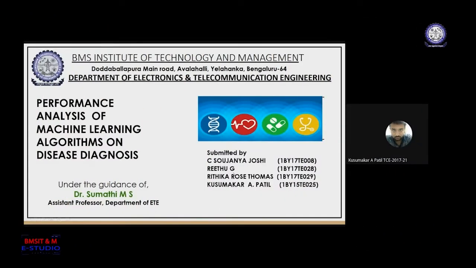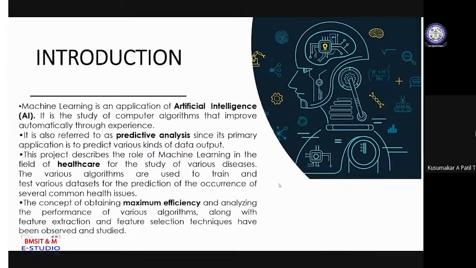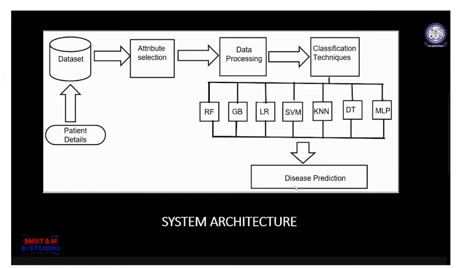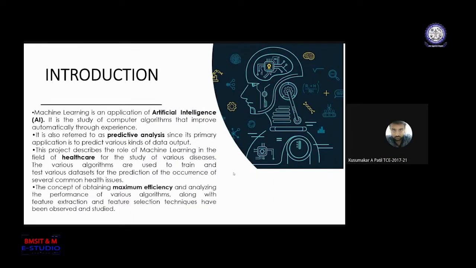Analysis and performance of machine learning algorithms on disease diagnosis. Machine learning is a subdomain of artificial intelligence that provides systems the ability to automatically learn and improve from experience without being explicitly programmed.